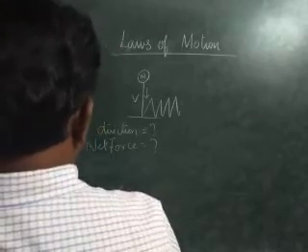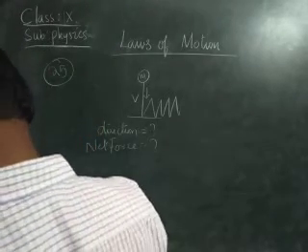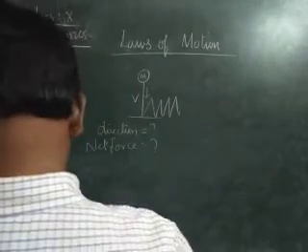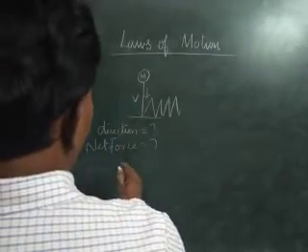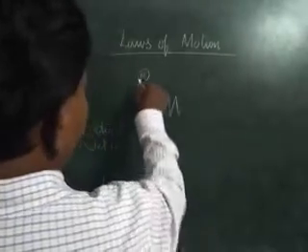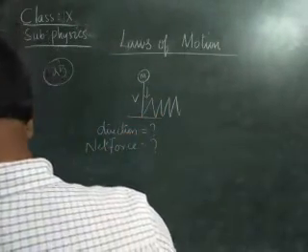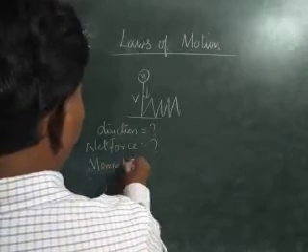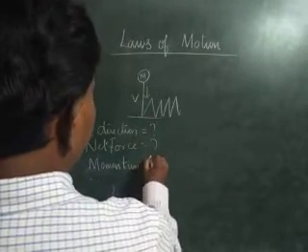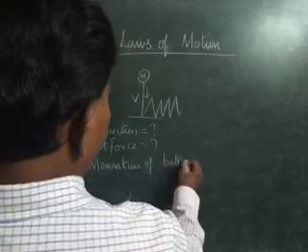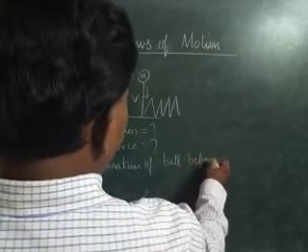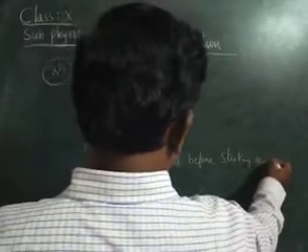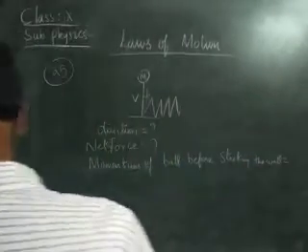Okay children, now see here. A ball moves perpendicularly to the wall with a speed v. Therefore, the momentum of the ball before striking the wall, that is how much, children?